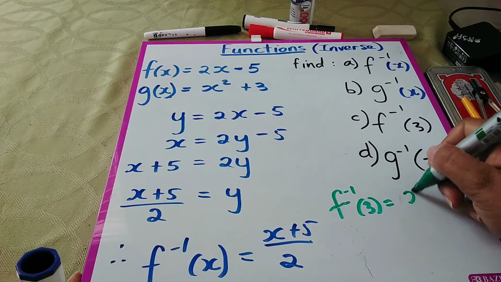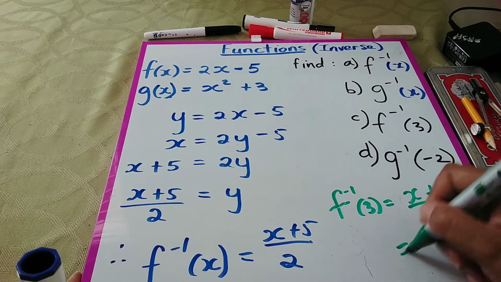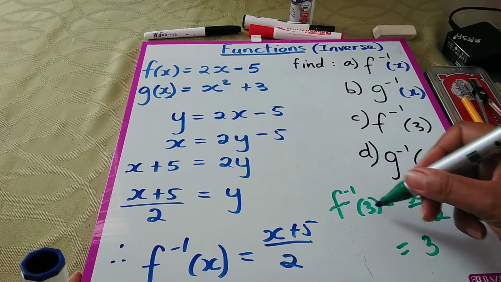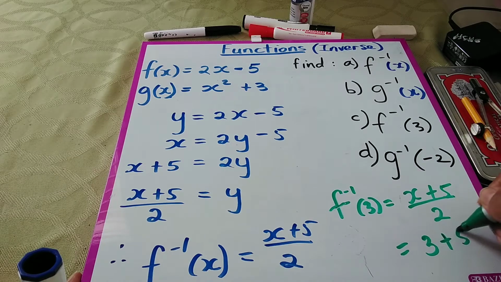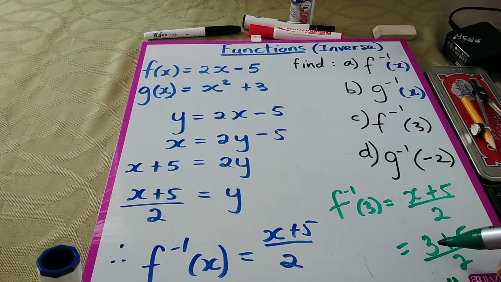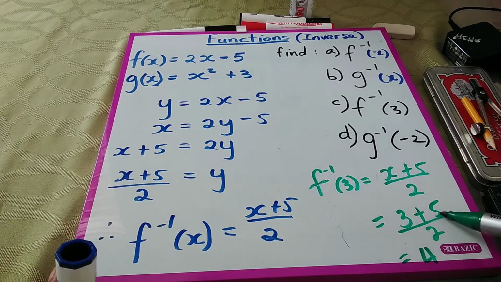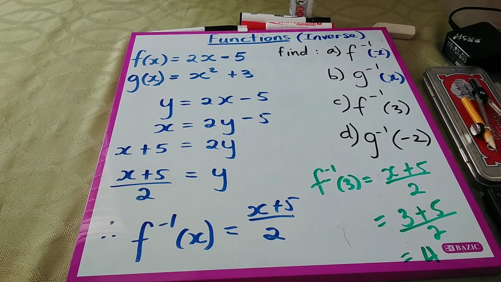So if x plus 5 over 2, where x is, we put the value 3 plus 5 over 2, and that gives us 4. 5 plus 3 is 8, so we'll have 8 over 2, and of course when you simplify it, the answer is 4. That's one way of doing it.